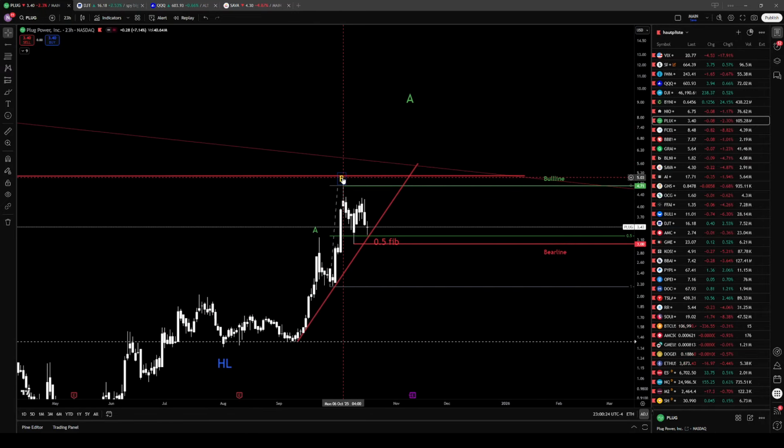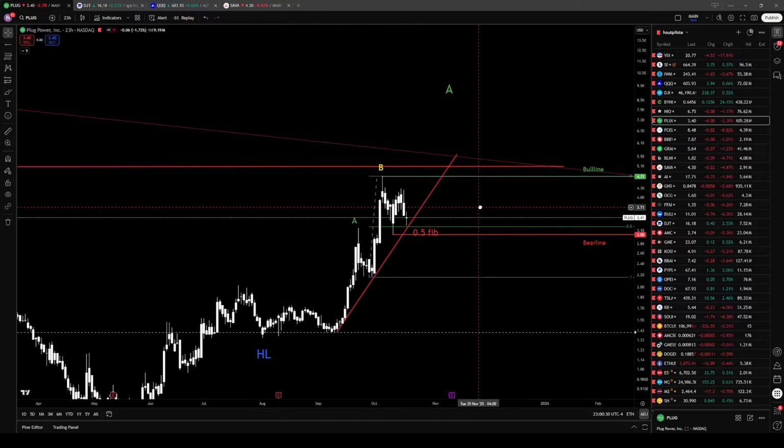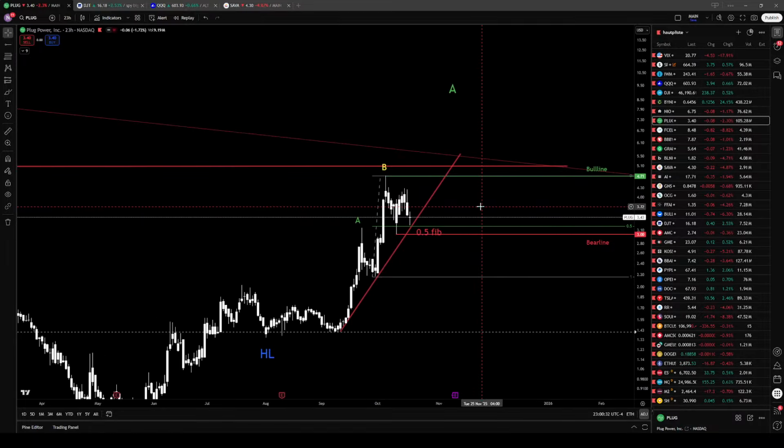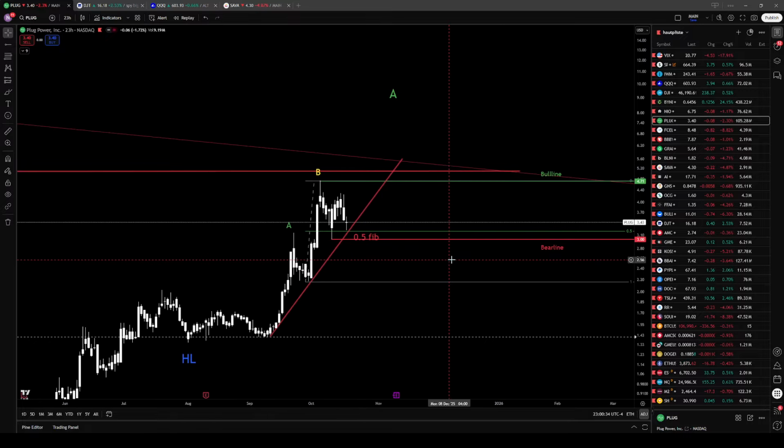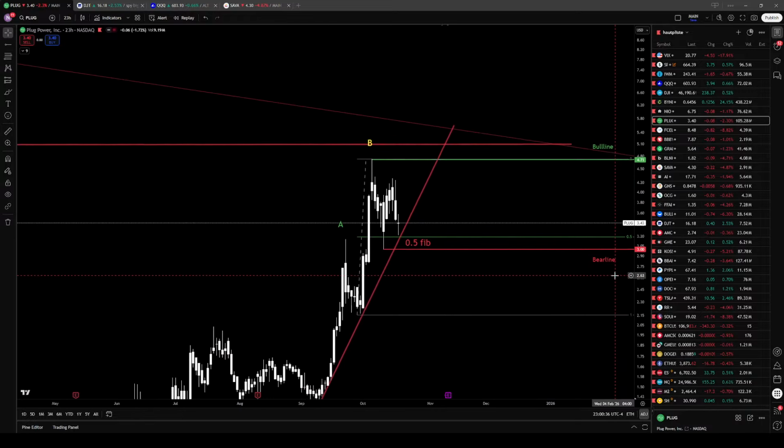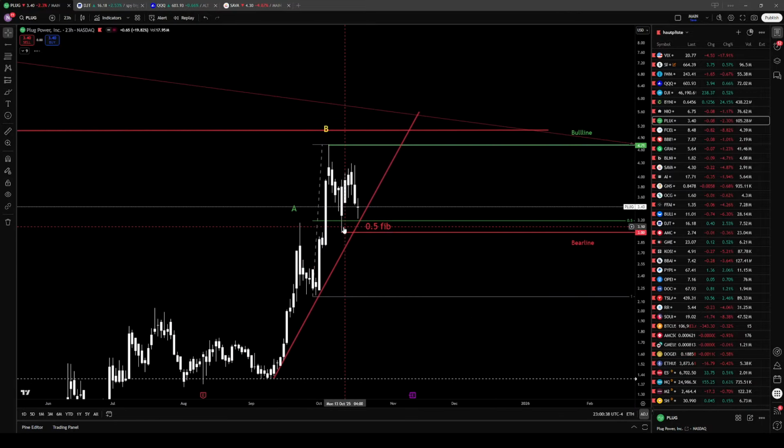And we are now in our little B peak and already in the pullback. So now is the important question: is it finished or not? We already touched the 0.5 fib line. So it could be already finished.